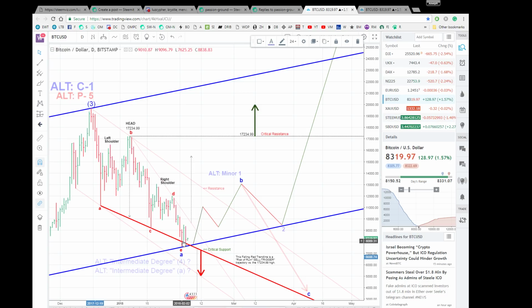That's the most bullish scenario. That's not my preferred scenario, but that is the most bullish possible scenario.